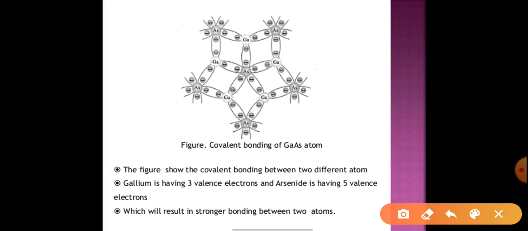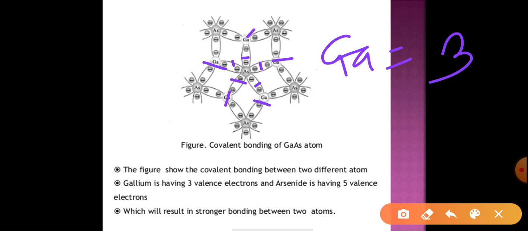Okay, so as far as GaAs is concerned, in the arsenic we have 5 electrons. Those 5 electrons, 1 2 3 4 5, form bonds with gallium. One arsenic will bond with 3 gallium, and one gallium will bond with 3 arsenic, because in the gallium we have 3 valence electrons and in the arsenic we have 5 valence electrons.